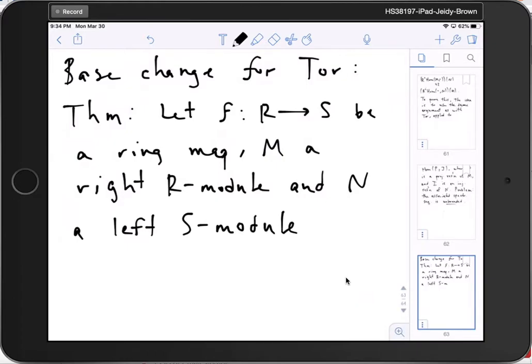By the way, I'm noticing a typo, or just a mistake, in my notes.